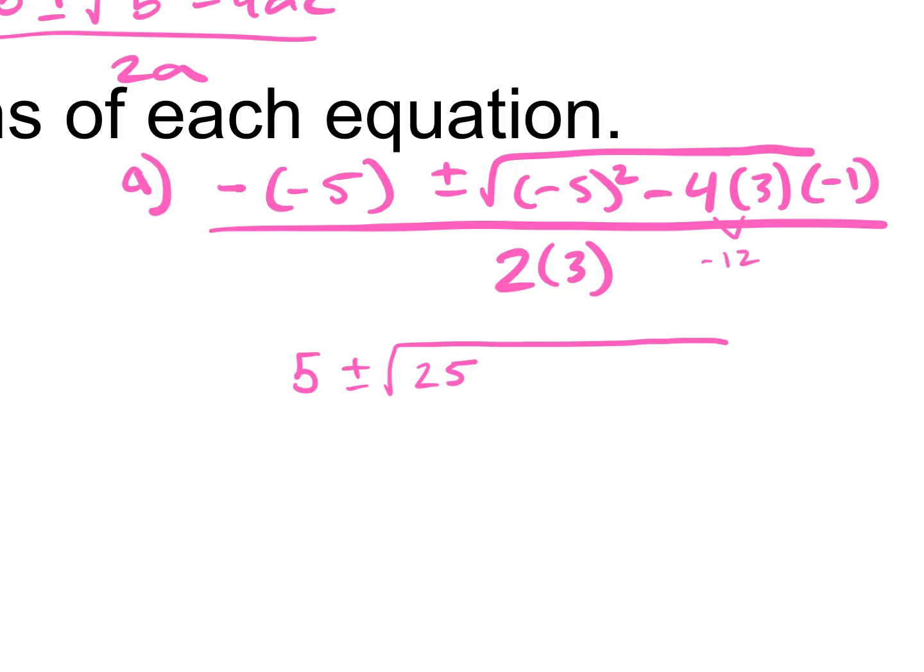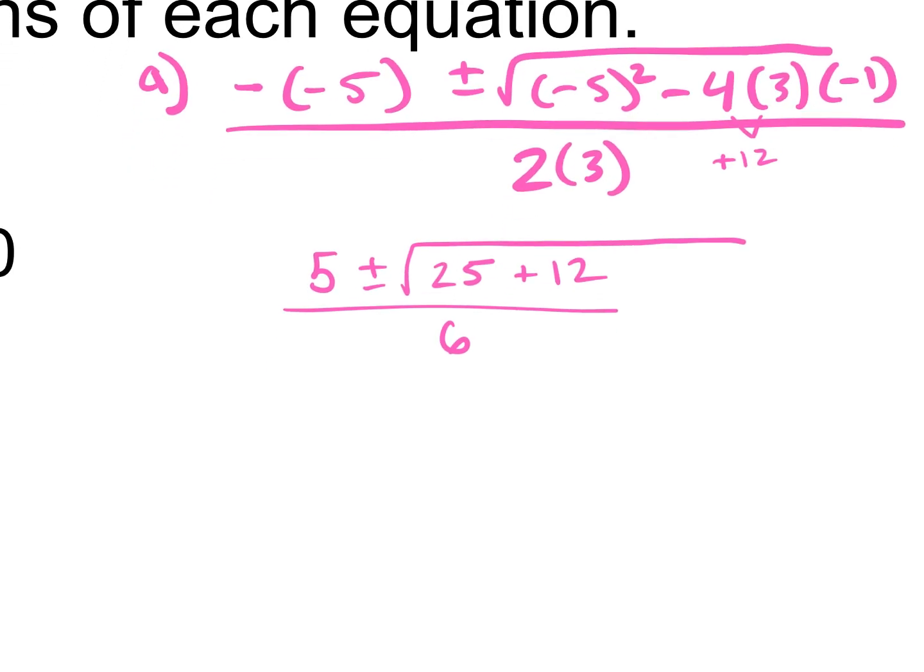Negative 12 times negative 1. Positive 12. So this would be plus 12 over 2 times 3, which is 6. And our last step, let's add. So we have 5 plus or minus the square root of 37 over 6.